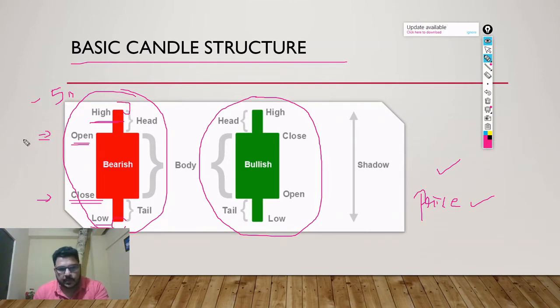For example, it opened at 100, it closed at 80, it made a low of about 60, and it made a high of about 120. So 120 is your high, 60 is your low, opened at 100, closed at 80. Since it opened above and closed below, the candle color will be red. This is a bearish candle because the price moved downward. I hope this is clear.